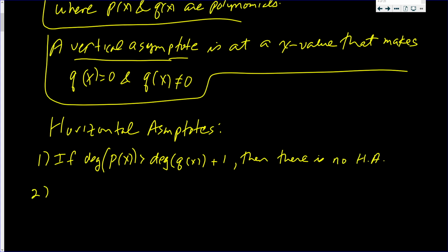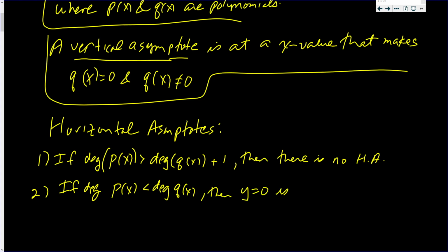Number 2. If the degree of p of x is less than the degree of q of x, what happens then? Then y equals 0 is the horizontal asymptote. What if they're equal?